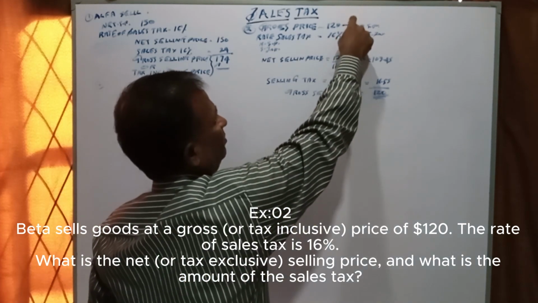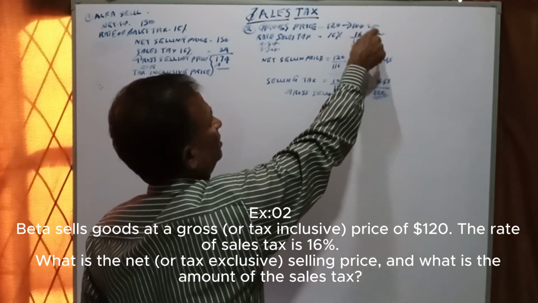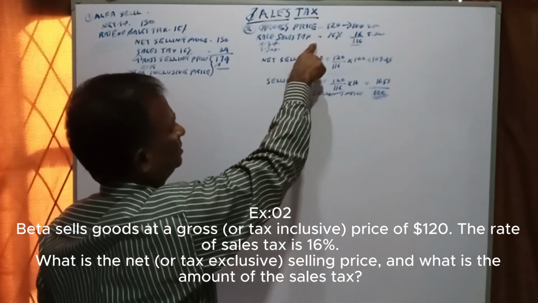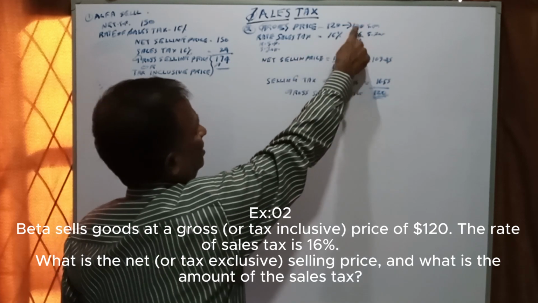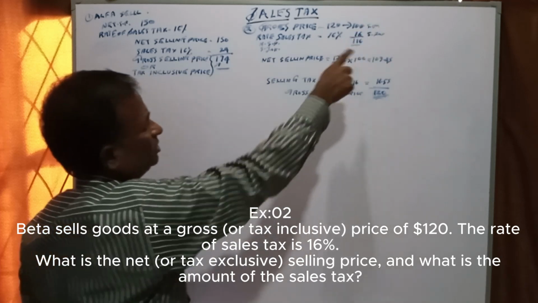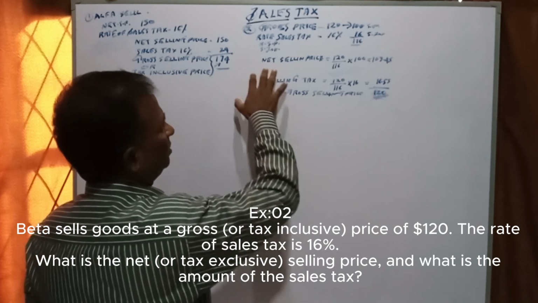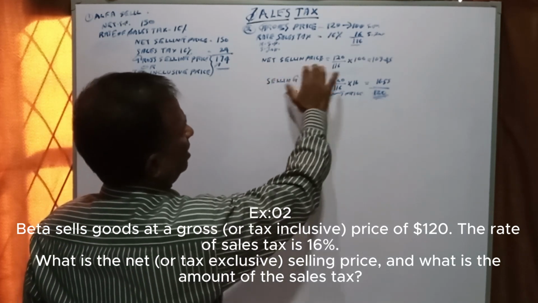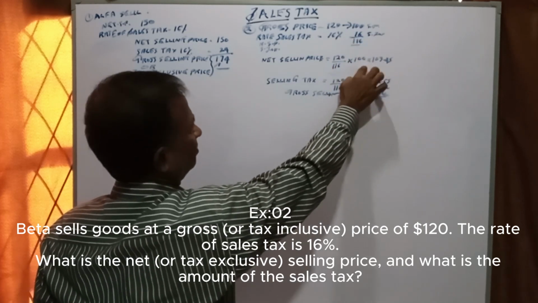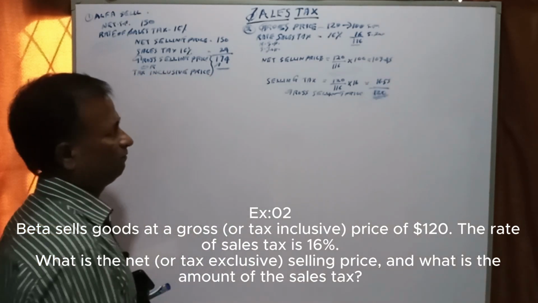So if the net selling price is 100, then we have to add the 16% rate of sales tax, which makes 116%. This 120 is equal to 116% of the net price. So to get the net selling price, 120 divided by 116 into 100% is equal to 103.45.